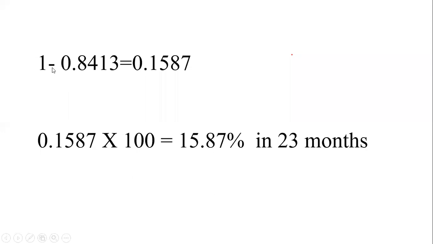As it has a minus sign, we have to subtract it from 100% or 1. So it gives me 0.1587, into 100, it gives me 15.87% in 23 months. So in 23 months, only about 15% of the project will be completed.